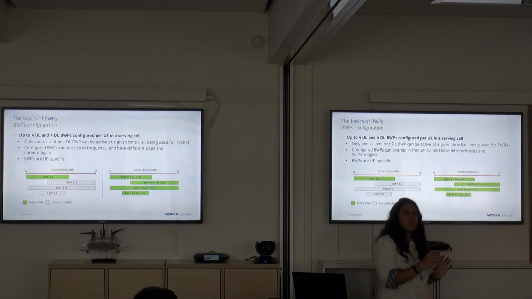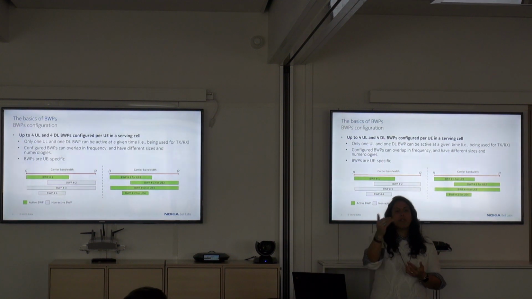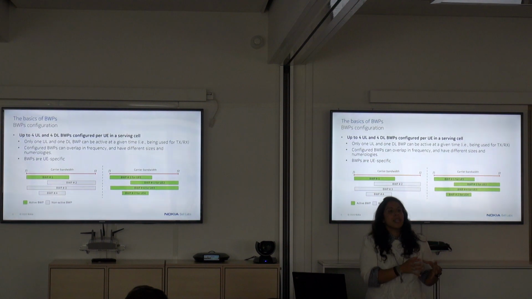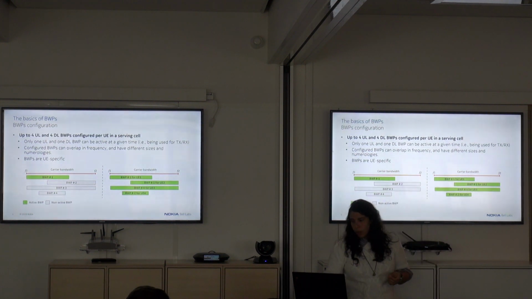So it stores a configuration, and the reason for storing this configuration is that if the network sees the need to change the configuration that the user is using at that moment to decode the signals and to transmit, it can do it very fast. It can say, okay, you have stored these 4 configurations, use configuration number 1 or 2 or 3 or 4. So it's just to access them very easily, but only one of them will be active at a given time.